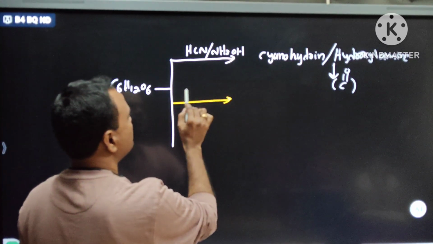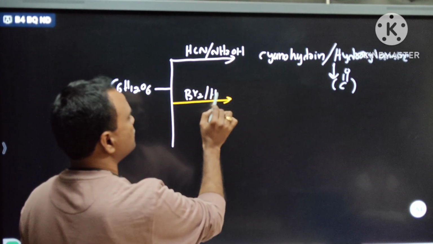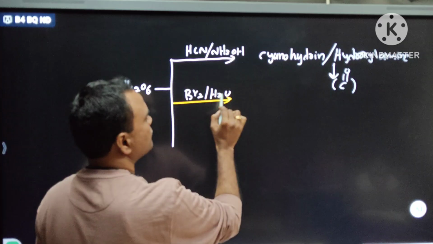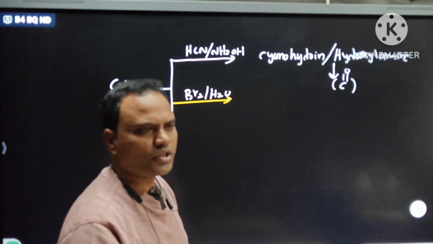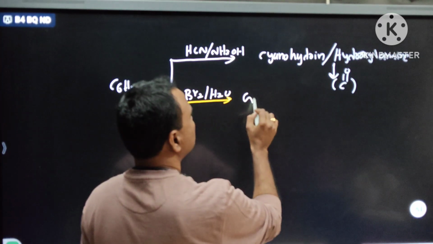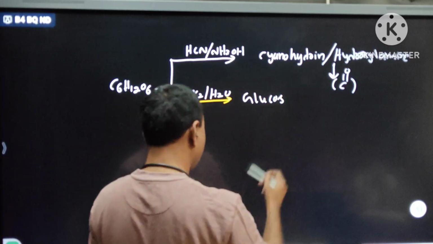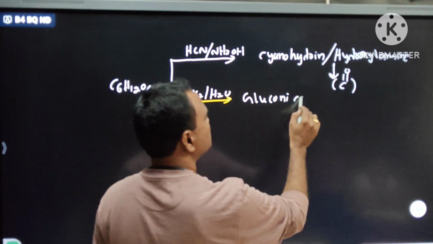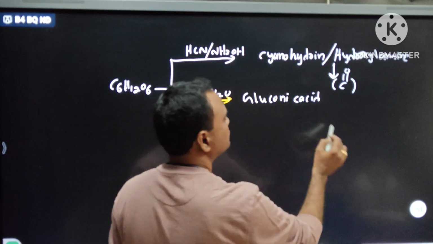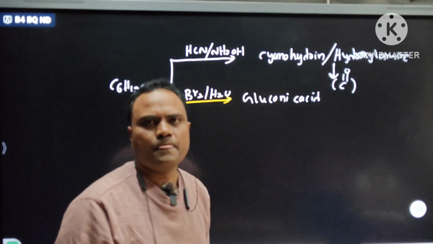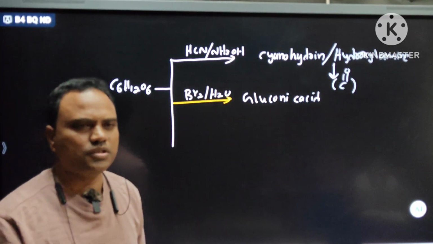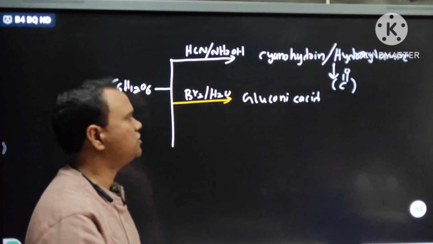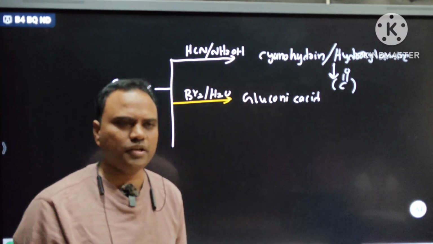Glucose when treated with bromine water gives gluconic acid. What is the structure of gluconic acid? How many carboxylic acid groups are present? One carboxylic acid is present. This reaction confirms the presence of aldehyde.